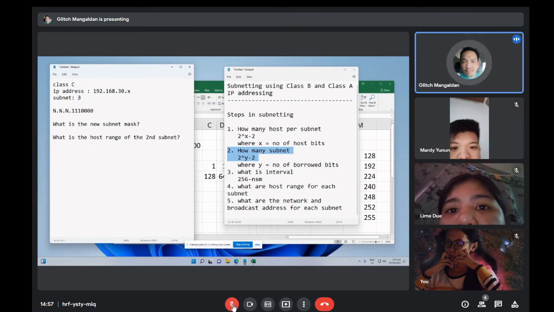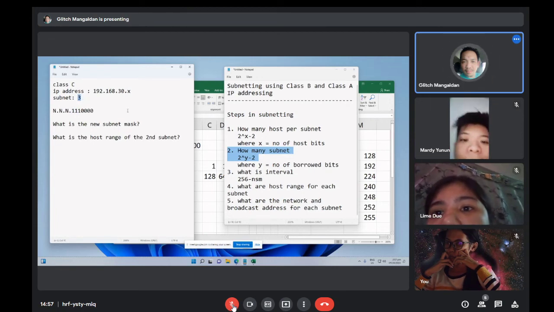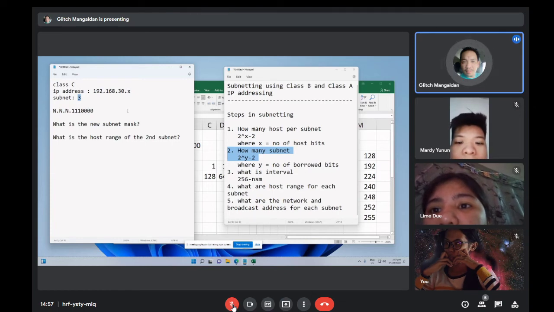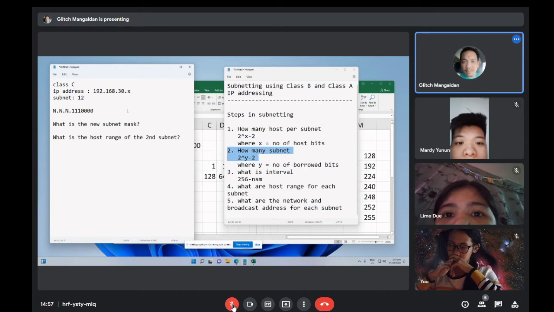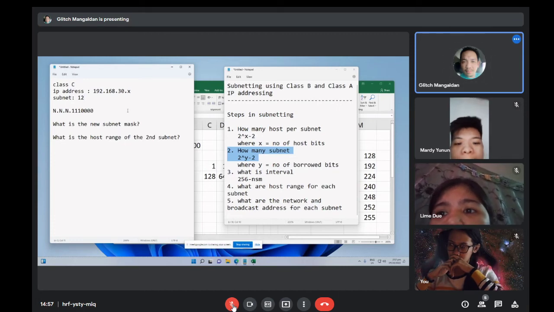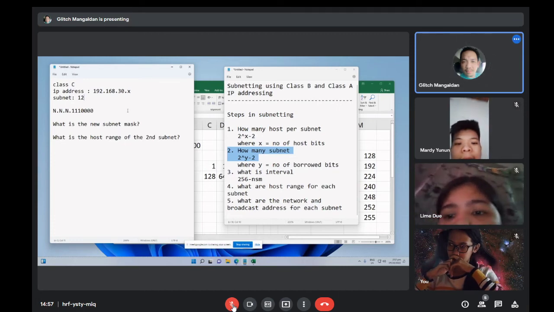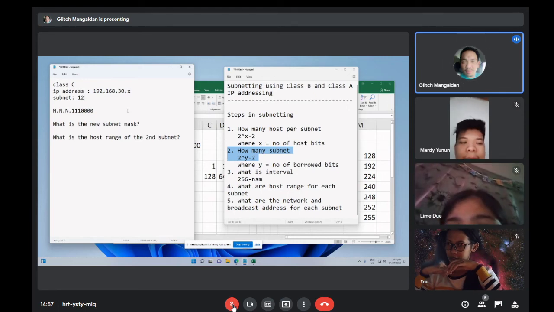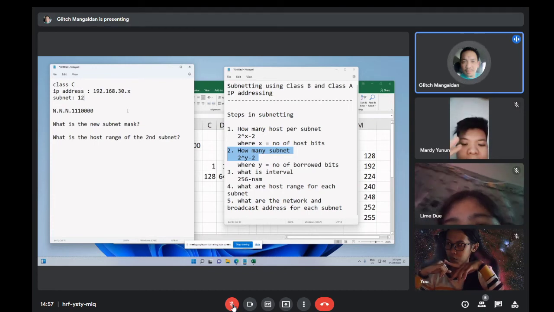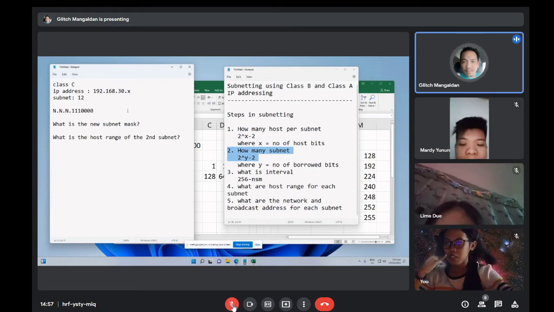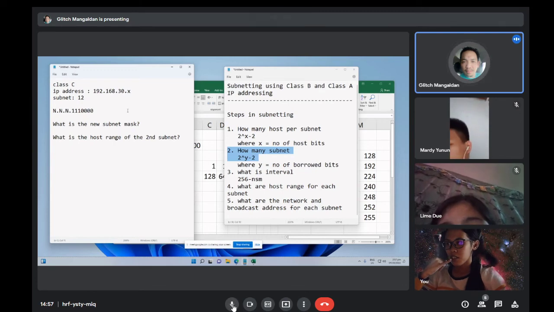Okay, baguhin natin. Halimbawa, paano kung ganito? Tingin ulit dito sa monitor. Paano kung ang given natin is 12 subnets? Anong pinakamalapit sa 12? Daliri. So, yung unang daliri is 2. Pagbilang lang kayo. 2. Yung pangalawang daliri, 4. Yung pangatlong daliri, 8. Kulang pa rin yan. Yung pang-apat na daliri, that is 16.